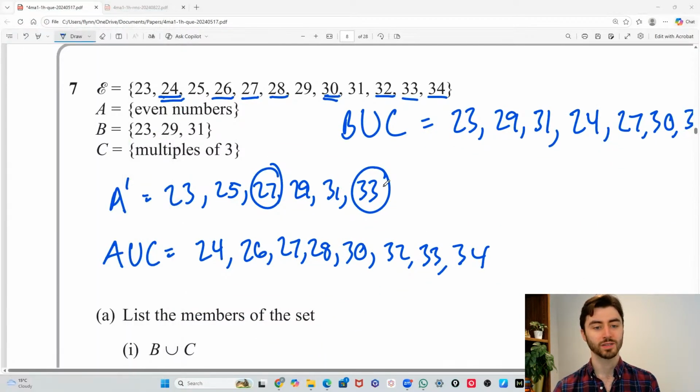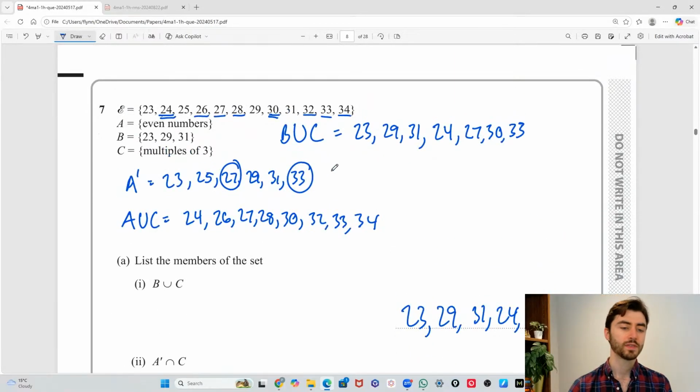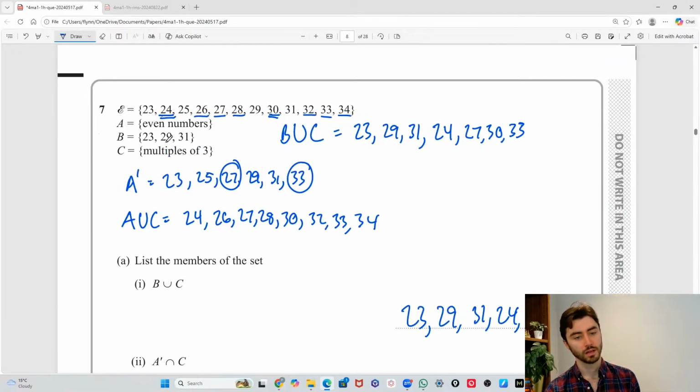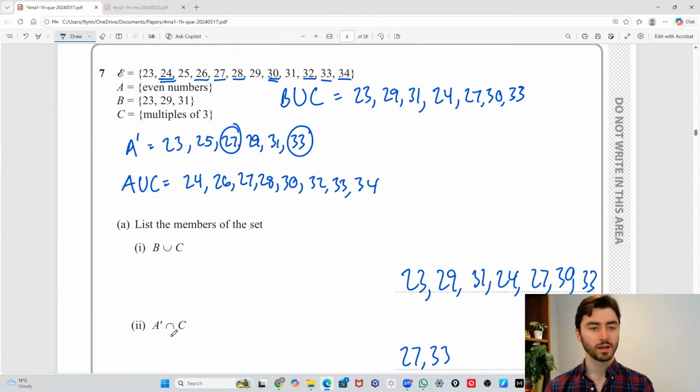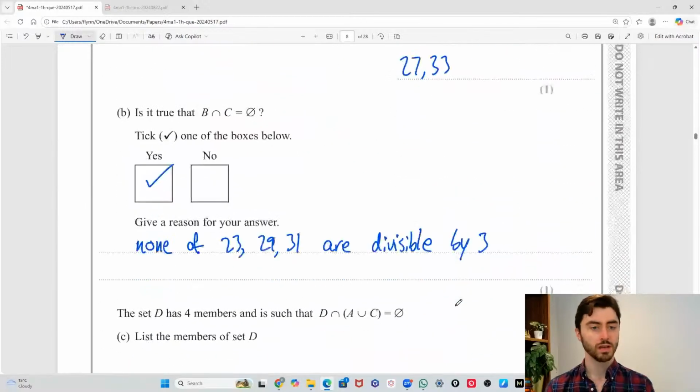Here, there's not really a way to check this. You kind of just do it. So the members of the set B union C. So all the members of B are there. All the members of C are there. So that's right. Not A, so it's odd, and it's C, so it's the odd multiples of 3, which are those.